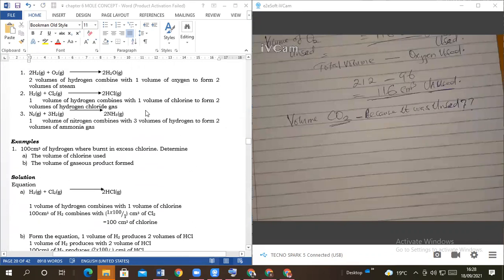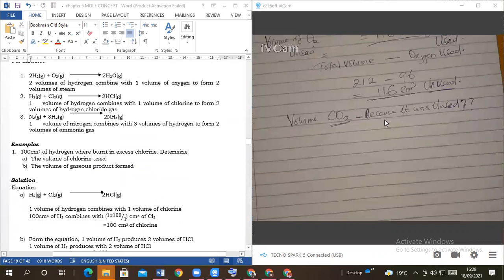We are talking about volumes. Don't bring masses here. When you see things on volumes and they are on gases, don't bring masses here. Use just the ratio and the volume given. That is all.